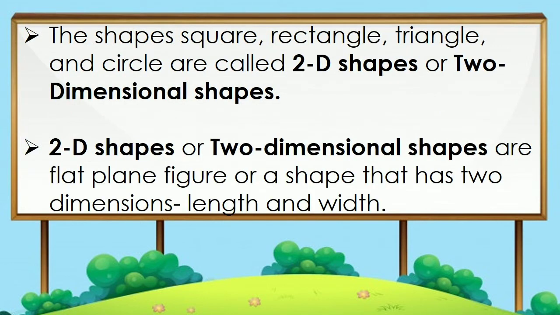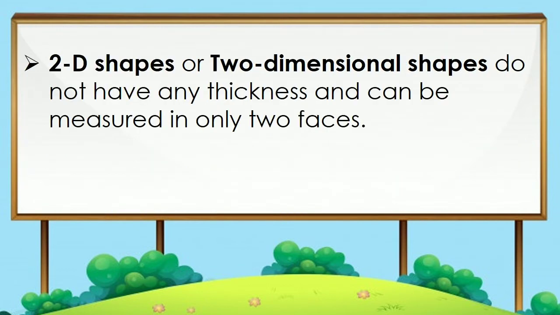The shapes square, rectangle, triangle, and circle are called 2D shapes or two-dimensional shapes. 2D shapes are flat plane figures or shapes that have two dimensions, length and width. 2D shapes do not have any thickness and can be measured in only two faces.